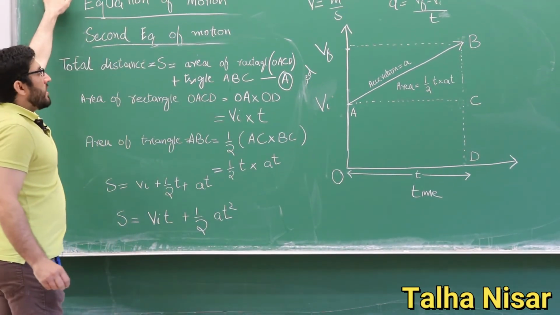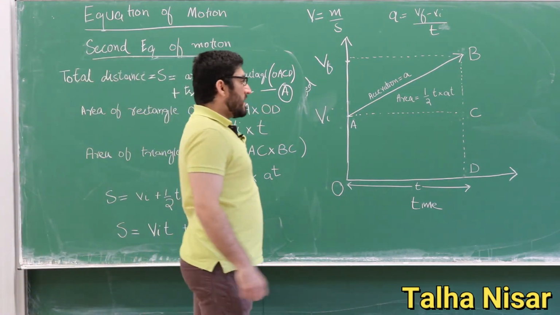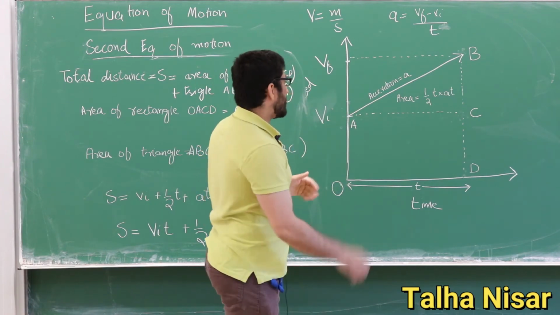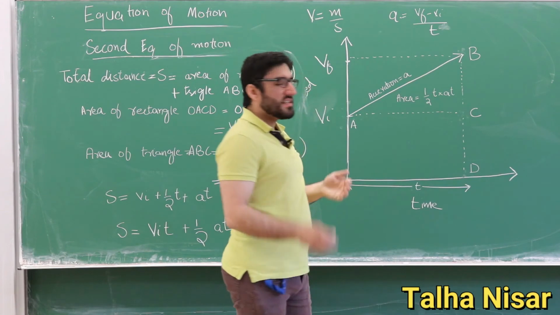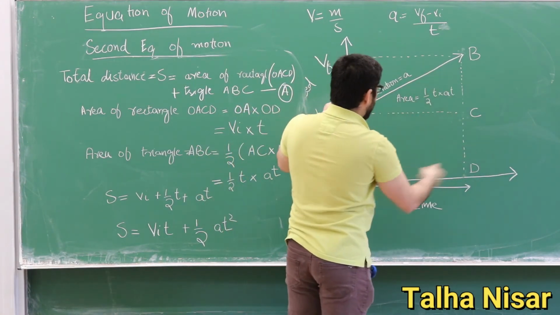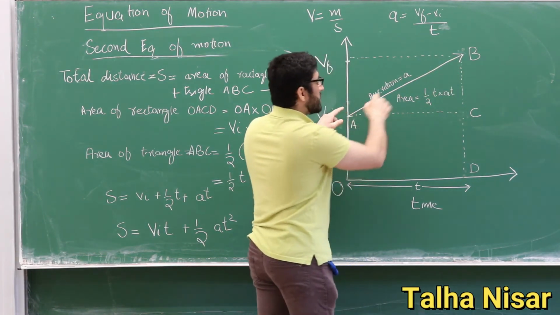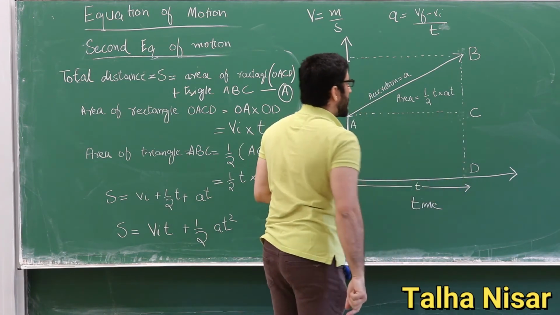Now we derive the second equation of motion from exactly the same figure. For that we need the total distance covered. The total distance covered is the area under this curve. The total area under this curve is the area of this triangle here, plus the area of this rectangle here.